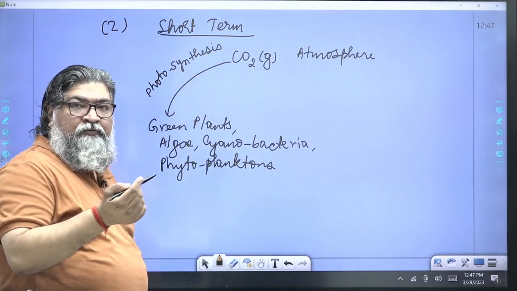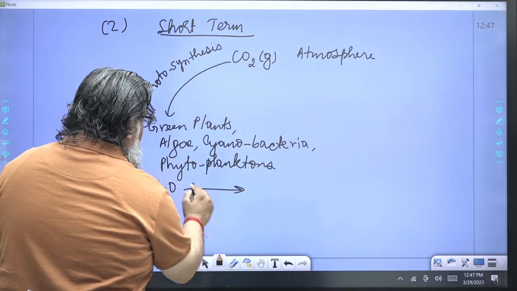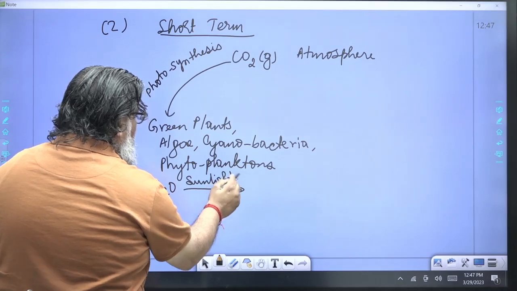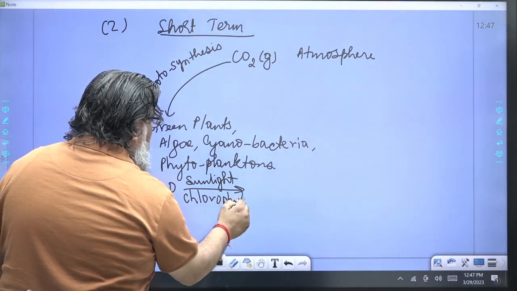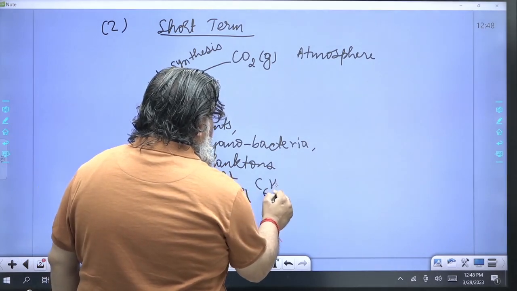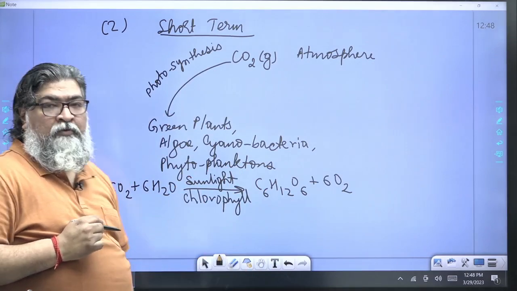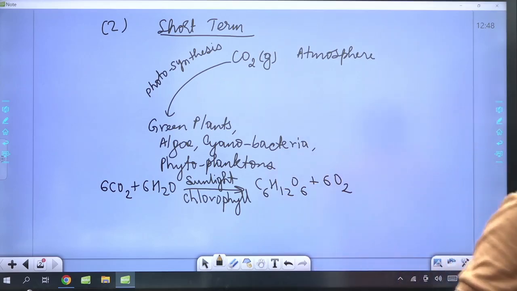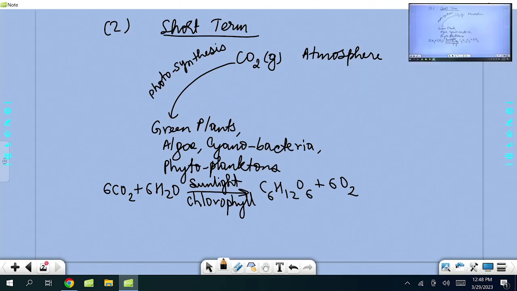Now what is photosynthesis? You all know that 6 molecules of carbon dioxide, 6 molecules of water, and sunlight, with the very important molecule chlorophyll, form glucose, C6H12O6, and also release oxygen. You will see this reaction in every biology textbook. The chlorophyll pigment within the cell of the plant or diatom forms glucose, sugar.